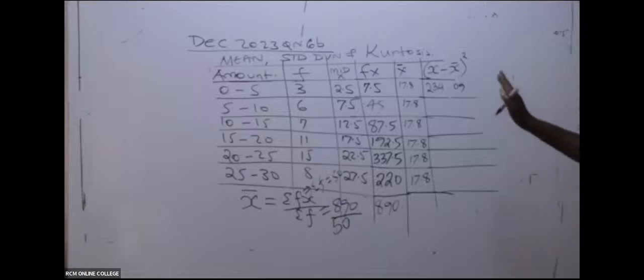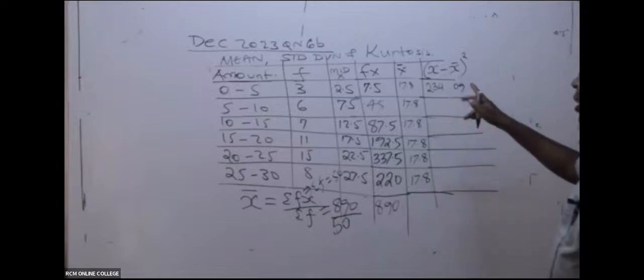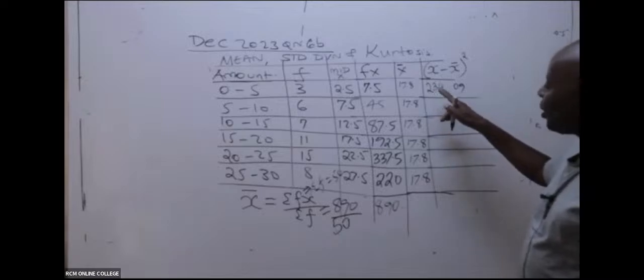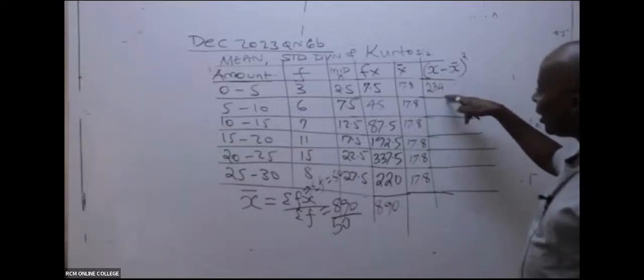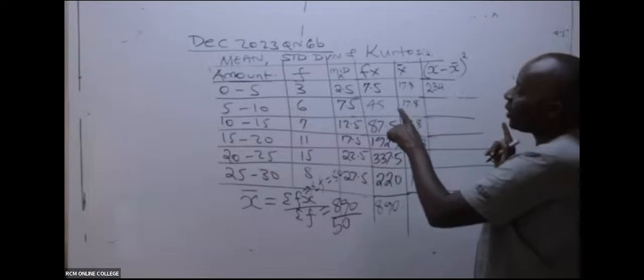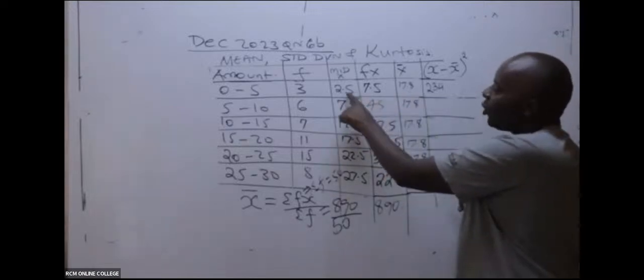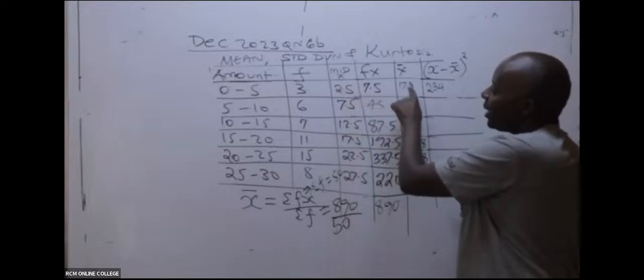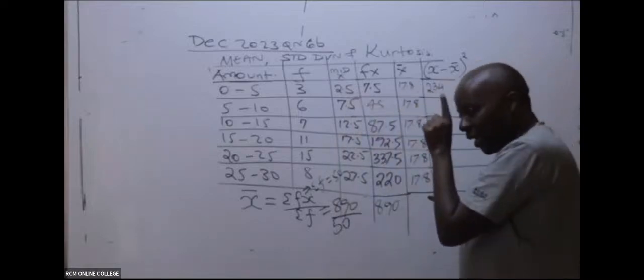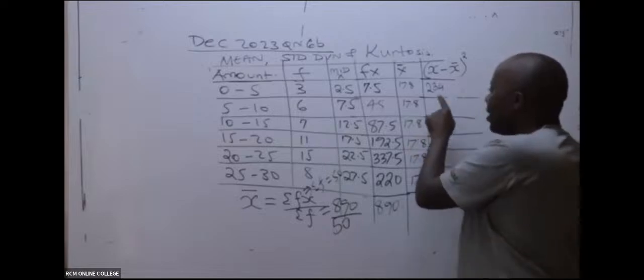Okay, so then we start afresh here. Will this be 234? Please, let's do this together. X minus x bar. 2.5 minus 17.8. Whatever we get, there is a square. What answer are we getting here?